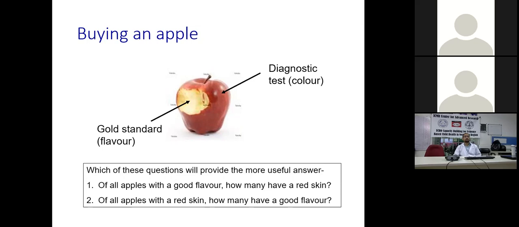So the first question is actually sensitivity, because good flavor is in the denominator: of all apples with a good flavor, the gold standard is in the denominator, how many have a red skin? So that is sensitivity. The second is positive predictive value. That means of all apples who come with a positive index test, diagnostic test, what proportion actually have a good flavor? That is positive predictive value.